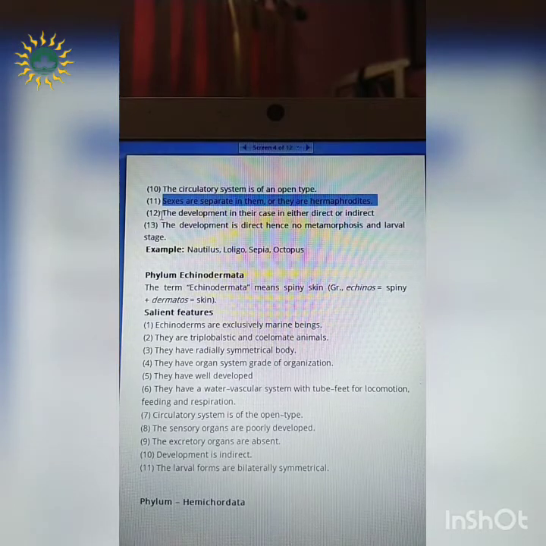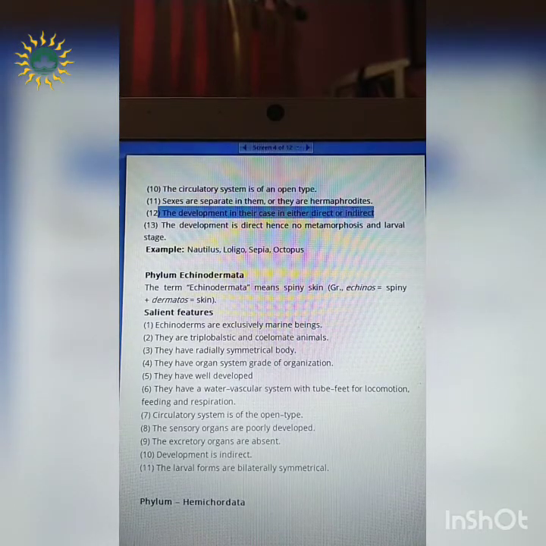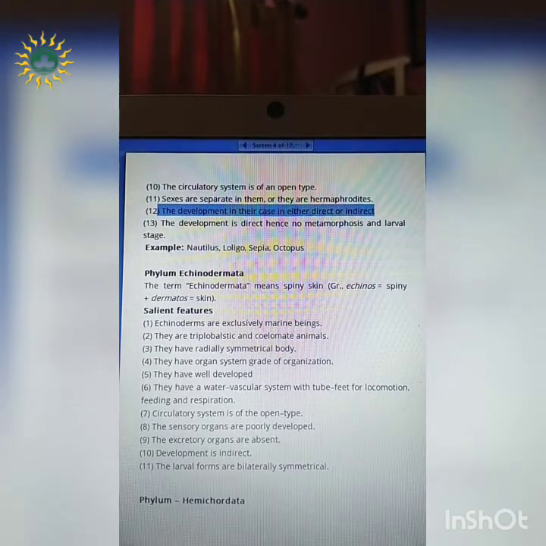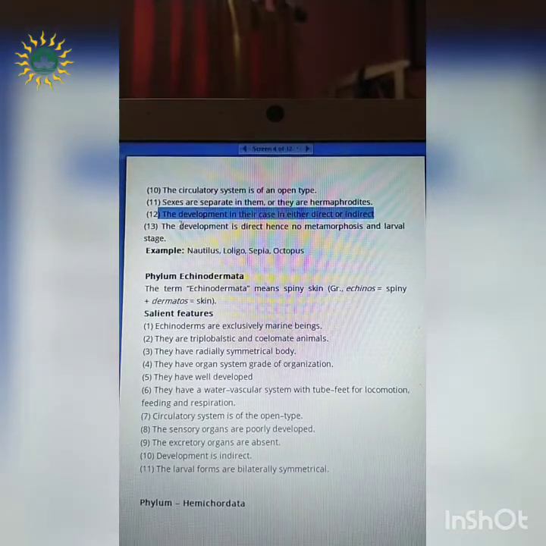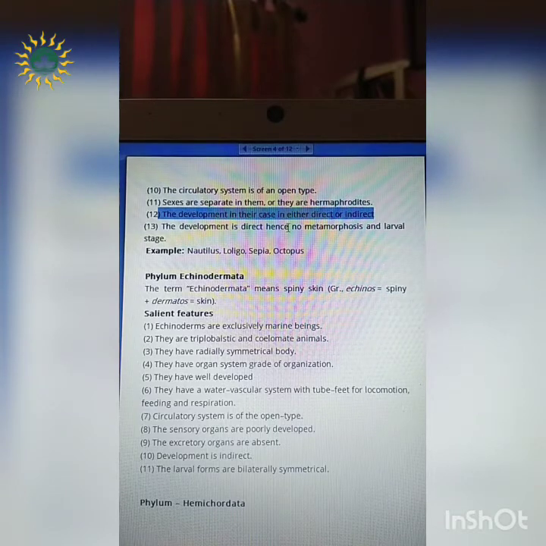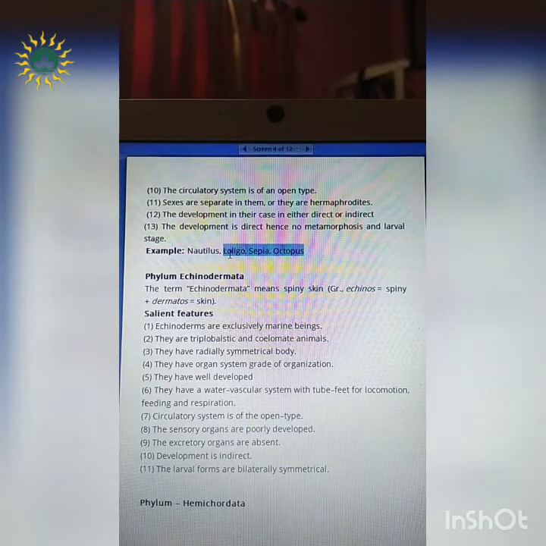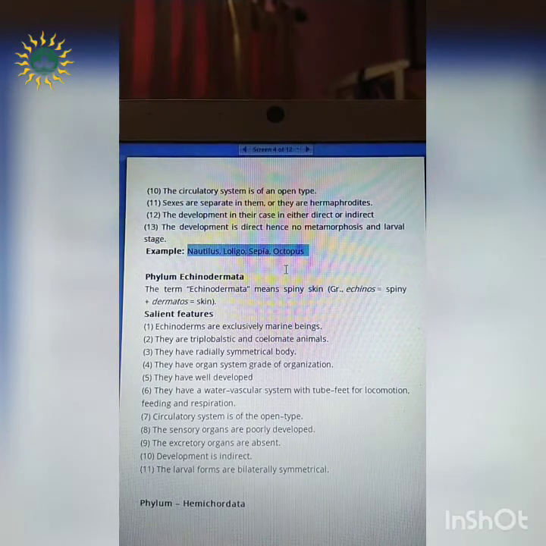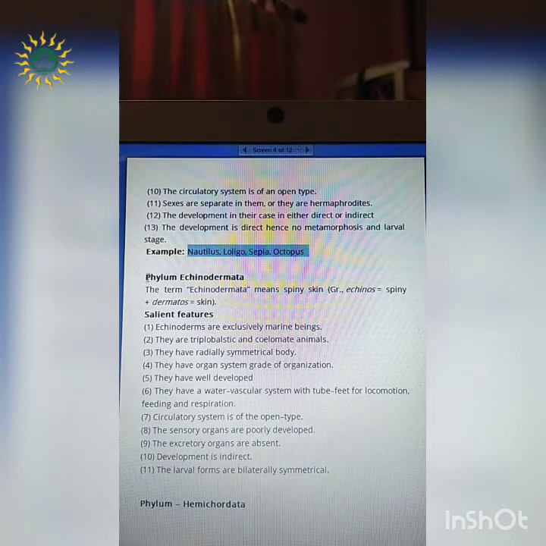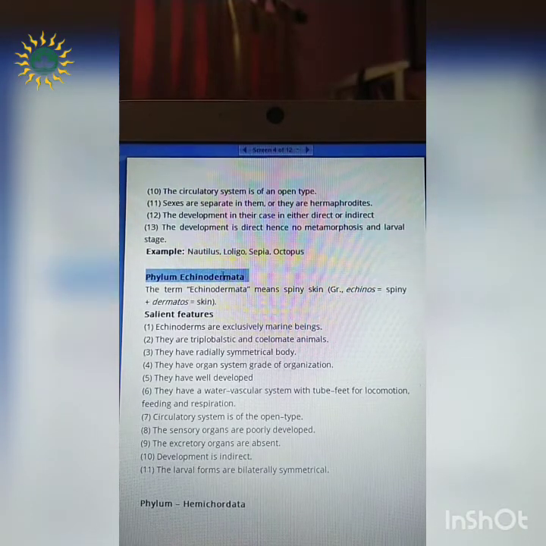The development in their case is either direct or indirect. So development takes place either directly or indirectly from the parents. And if the development is direct, then no metamorphosis and larval stage is present. For example, you can see octopus, we can see snail also, and there are several other examples. The next phylum is phylum Echinodermata.